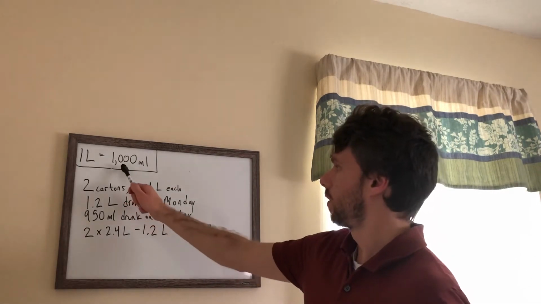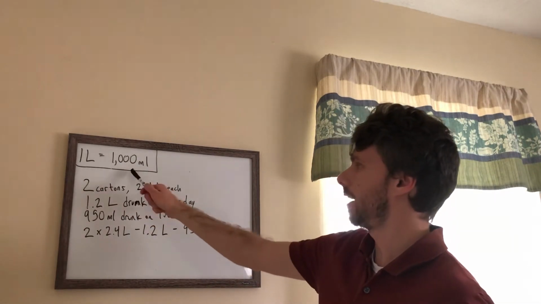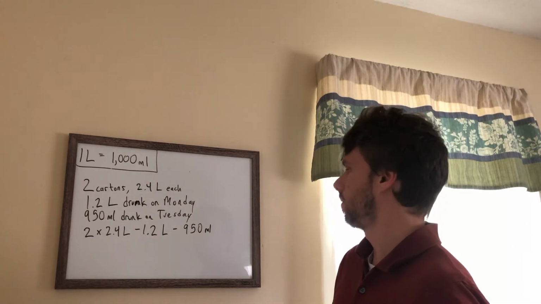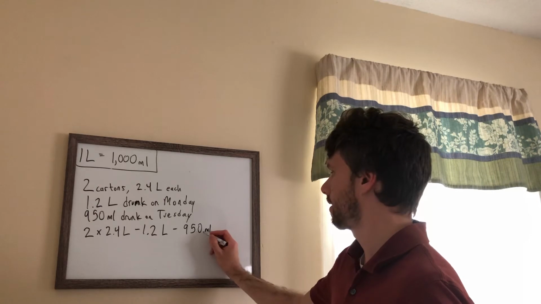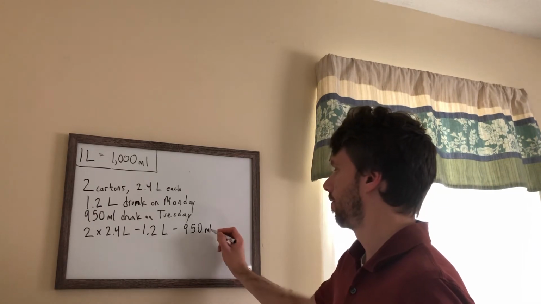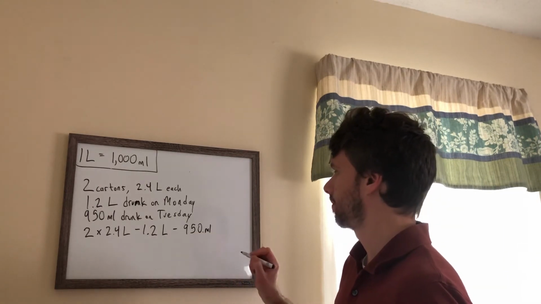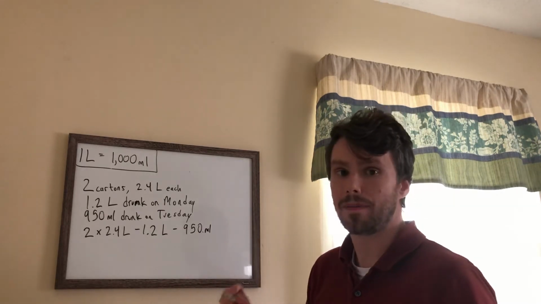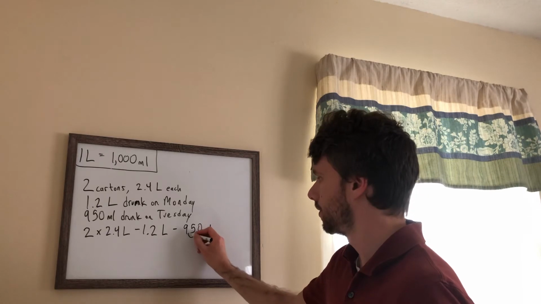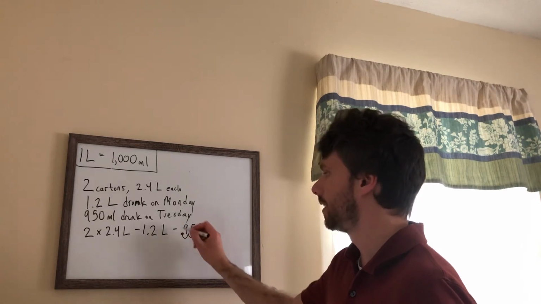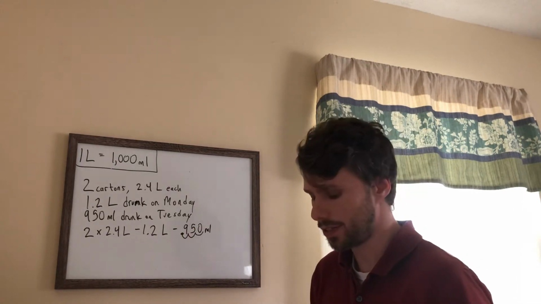So for every liter, we have 1,000 milliliters. So let's say I have milliliters here. The easiest way to do that is divide that by 1,000, okay? Now if we divide by 1,000, we basically go 1, 2, 3. We move the decimal over 3 spaces to the left.